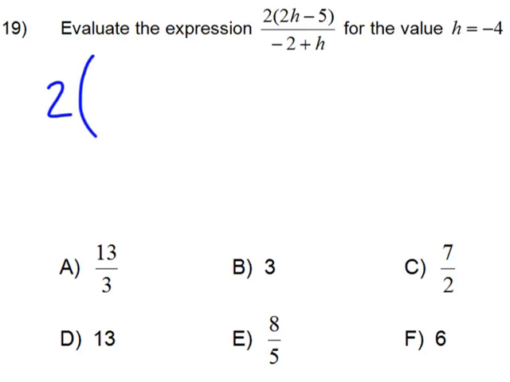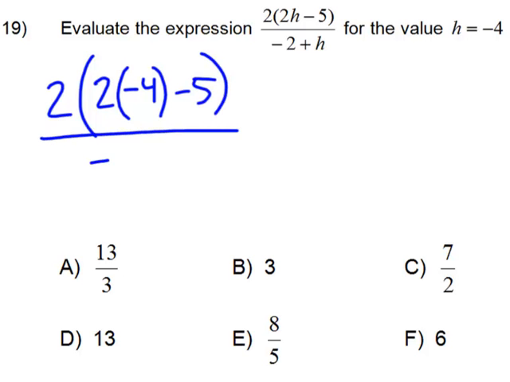Let's just rewrite this expression. 2 times the quantity 2h. Instead of 2h, I'll plug in the negative 4, minus 5, close parentheses, all over negative 2 plus, once again, plug in your negative 4. Order of operations tells us how to tackle these. We will tackle the inside first.